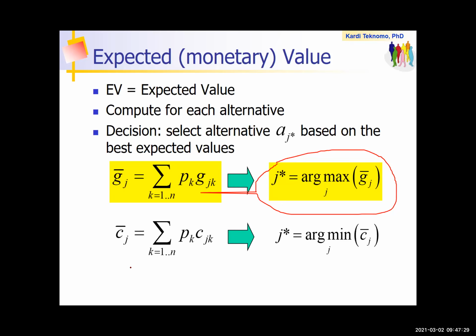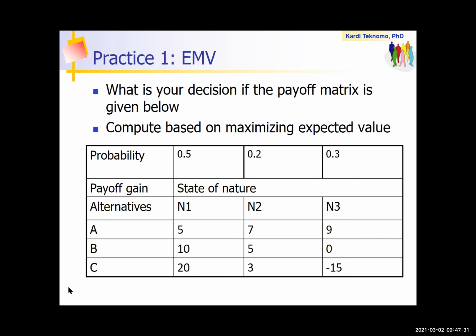So let's take an example. We use the same example as last time. These are the numbers that you probably recorded last time. The only difference here is that I give you the information regarding the probability distribution. If the probability is 1/3, 1/3, 1/3, then you have Laplace. Now the probability distribution is known.